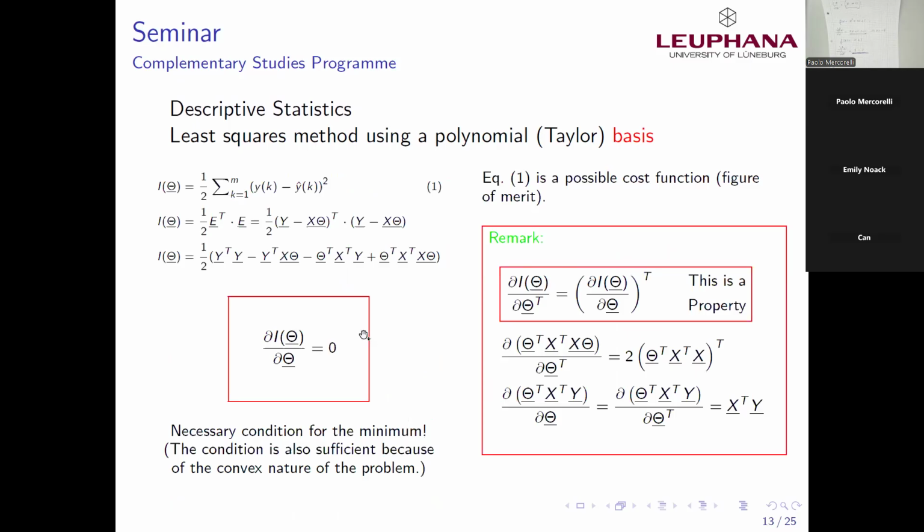Now, this part here I would like to skip. Last time I told you the calculations I don't need to do. I just would like to repeat this concept here, that this condition, which typically is just a necessary condition. I told you before, in Gymnasium, we learned that the derivative is necessary but not sufficient, because we have to check the second, third one, and so on, in order to classify if it's a minimum, maximum, and so on.